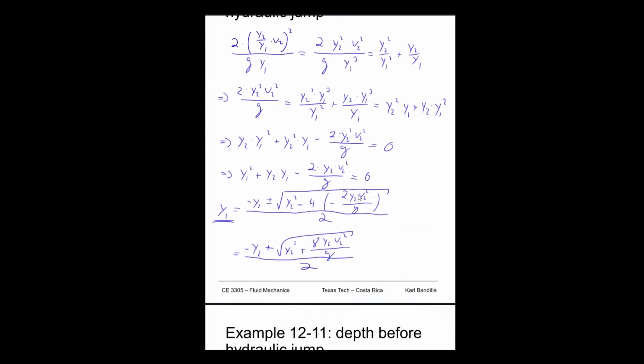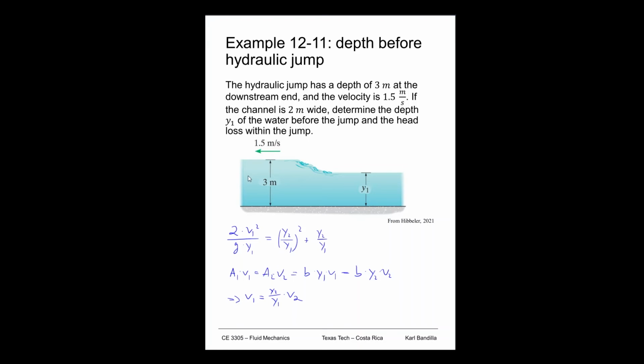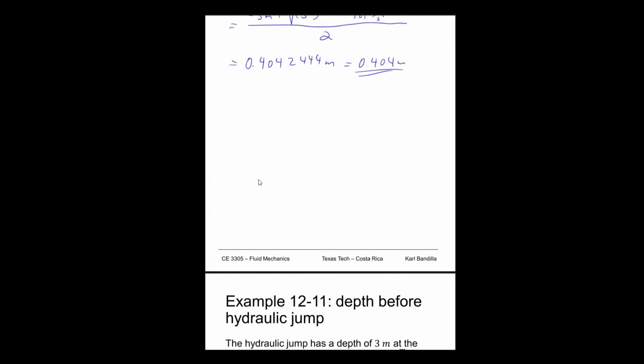Now, it's good that our depth is less at point 1 than at point 2, because this has to be supercritical and that has to be subcritical. So the last part that we have to do is find the head loss. For that, we have the equation that the head loss is equal to y2 minus y1 raised to the third power divided by 4 times y1 times y2.